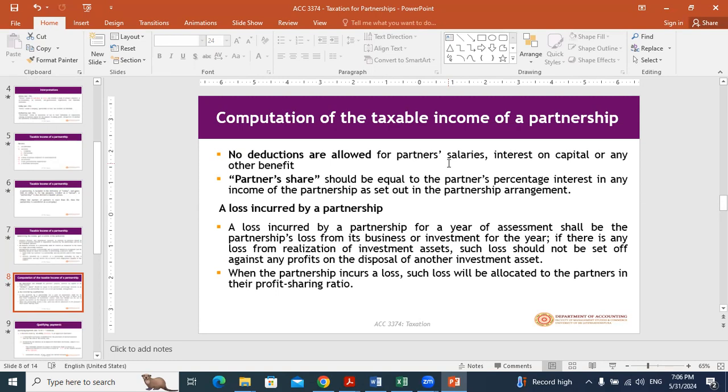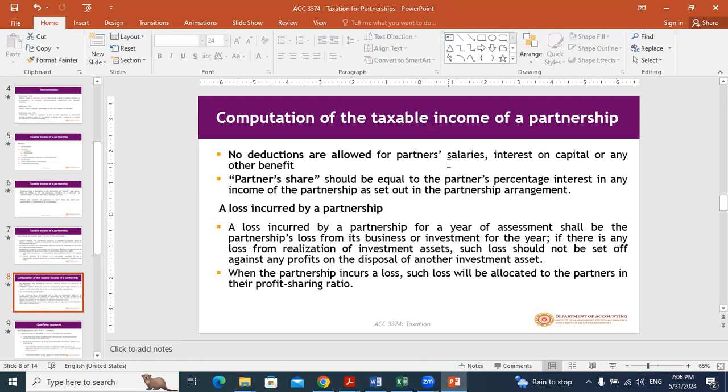These partners could say, okay, we paid salaries to ourselves, 5 million each. So no taxable income. That could happen. Therefore, no deductions are allowed. The salaries cannot be treated as an expenditure of the partnership. Similarly, interest on capital or any other benefits.